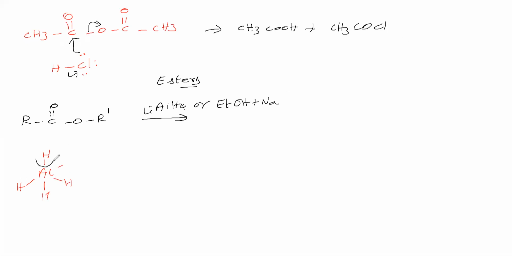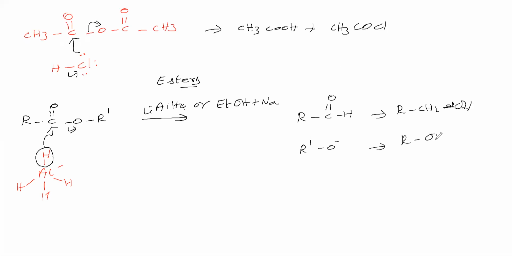So this H minus is attacking here. Therefore, this is shifting. So we get RCHO and R dash O minus. This on further reduction gives RCH2O minus, which takes H plus and becomes RCH2OH, alcohol. Therefore, this ester on reduction with lithium aluminum hydride finally gives alcohol.